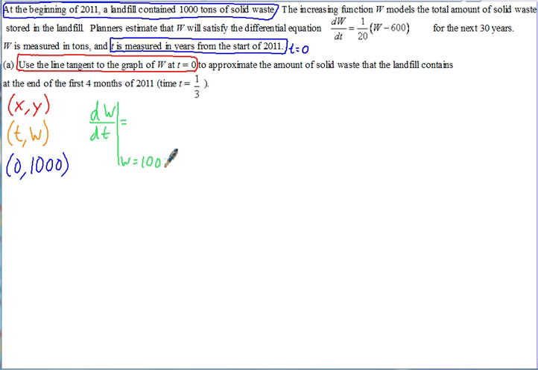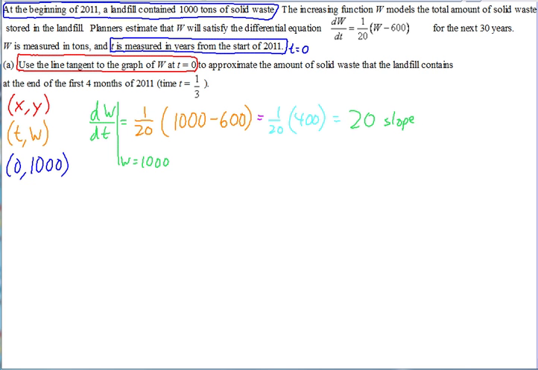When w is 1,000, it'd be 1/20 times 1,000 minus 600. So if we simplify that, we get 1/20 times 400. Divided by 20 there gives you 20. So there's our slope.